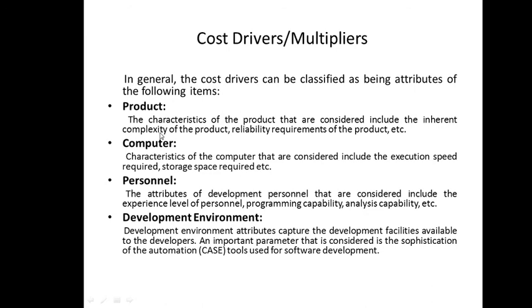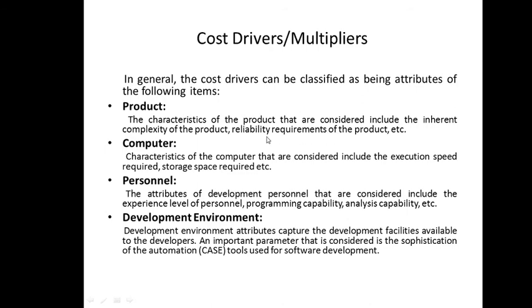First is the inherent complexity of the product. That is one cost driver, complexity of the project. If the project is complex, definitely the effort, time and cost required is more. If it is a less complex, simple project, the effort, time and cost will be less. Similarly, the reliability requirement of the product.